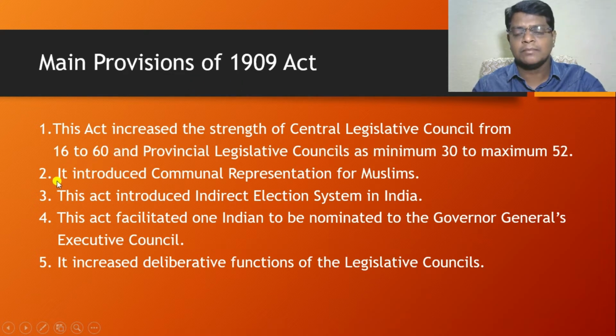At the same time, by the Act of 1909, they introduced communal representation for Muslims. And what is communal representation here? Communal representation is representation based on religion.